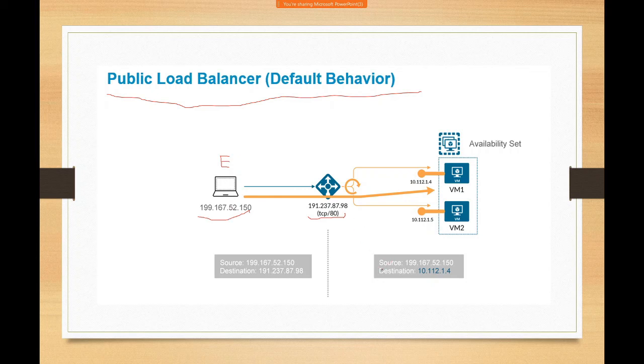And for the next session, the source will be Ayad's public IP, and the destination IP will be any network virtual appliance interface IP or the floating IP. I will explain what the floating IP is once we are in the lab. Don't bother yourself with the floating IP right now. Here there is one more important point. In this diagram, can anyone tell me, is it a full proxy architecture or half proxy architecture?